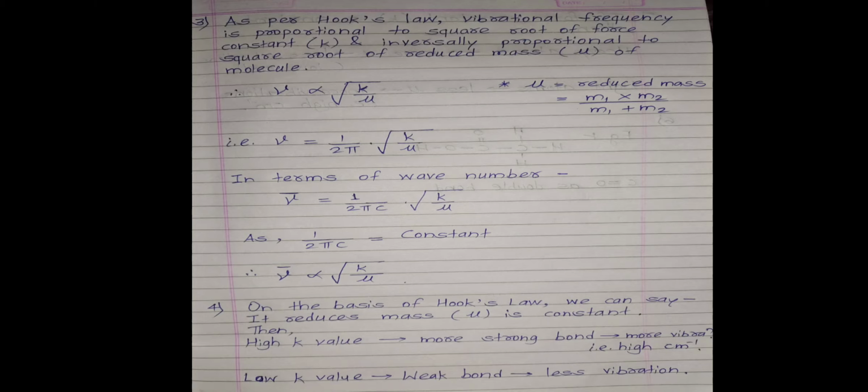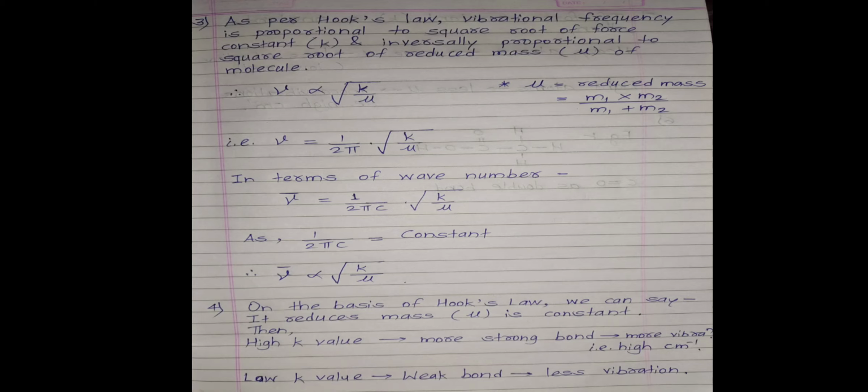Then third point is, as per Hooke's law, vibrational frequency is proportional to square root of force constant k, and inversely proportional to square root of reduced mass mu of molecule. Reduced mass means mu of molecule.